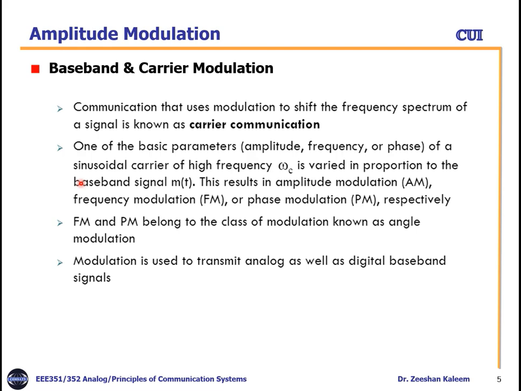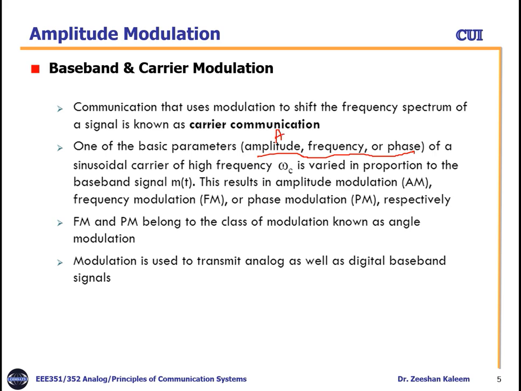Communication that uses modulation to shift the frequency spectrum of a signal is known as carrier communication. Previously we discussed baseband; carrier communication is when we shift the frequency spectrum of a signal. How do we shift it? We need to modify some parameters. The basic parameters are amplitude, frequency, or phase. If the carrier signal amplitude is modified, we call it amplitude modulation.